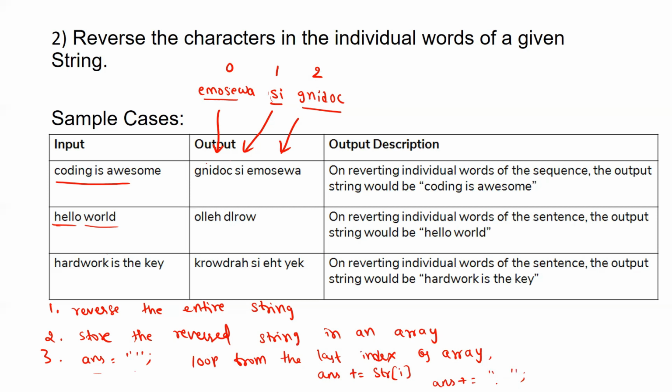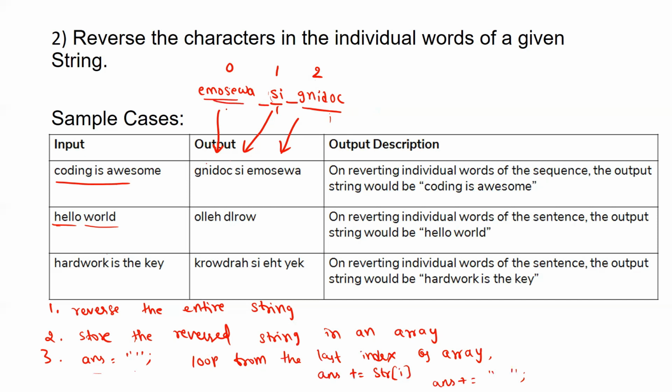To differentiate two words in the given string, we have to append a space there. So we add this particular word to the answer first, then we add a space, then we add this to our answer, then append a space, then we add this to our answer.